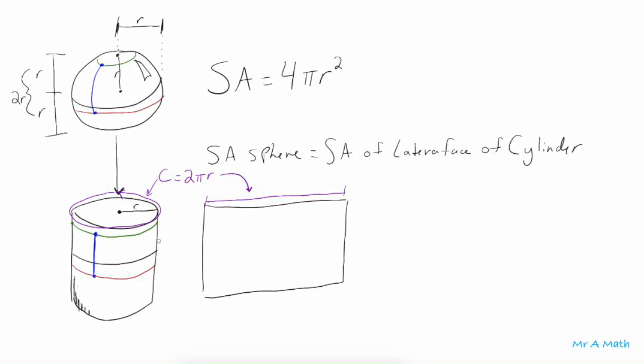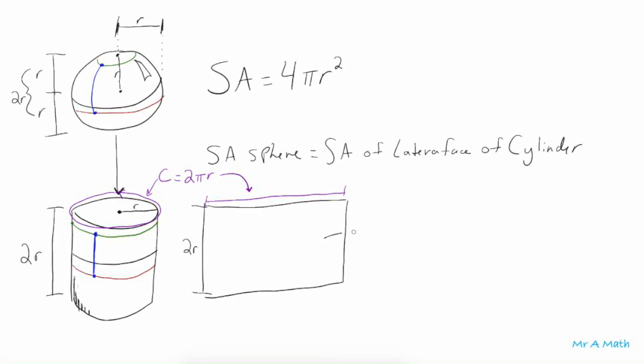So when I project it outwards into a cylinder, the height of my cylinder is also going to be exactly 2 radii, which means the height of my label is also going to be exactly 2 radii.